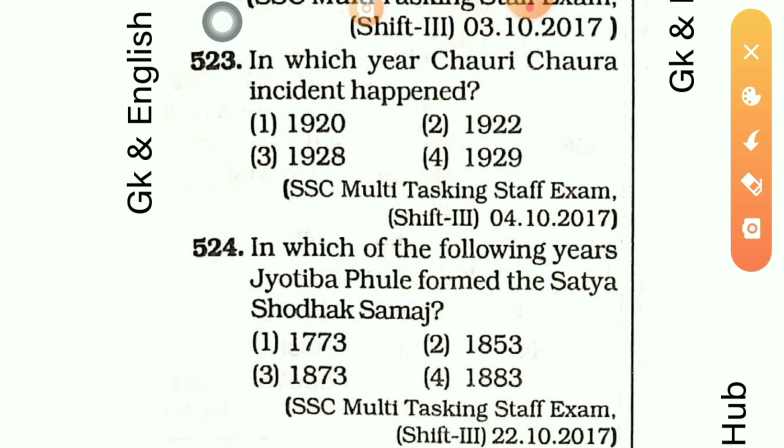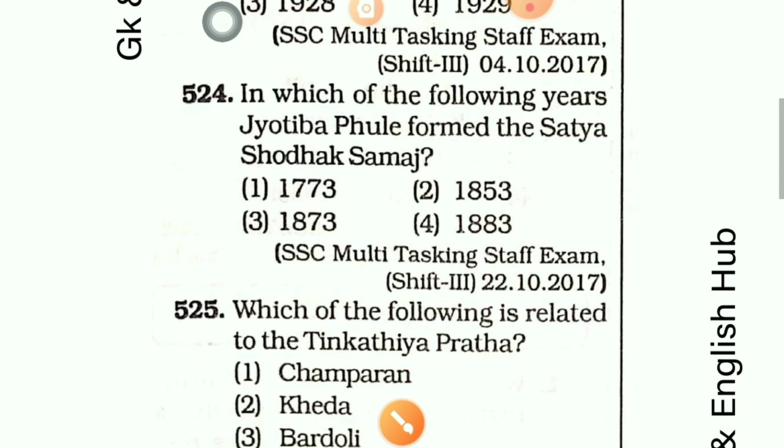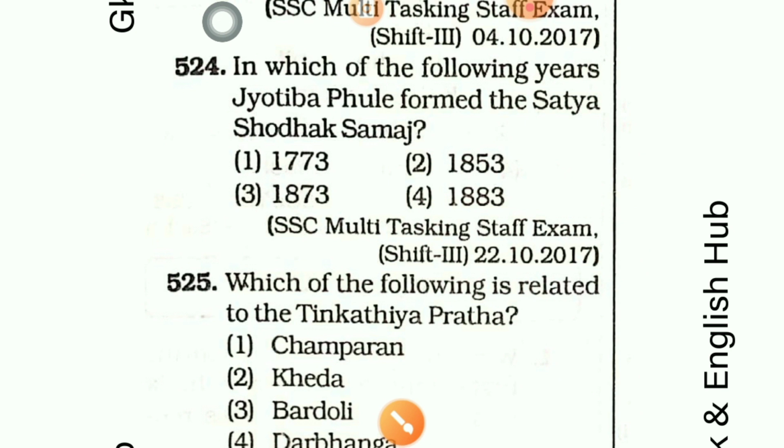These are very important. Okay, now let's go to the next question. The question is 524. In which of the following years did Jyotiba Phule form the Satya Shodhak Samaj?